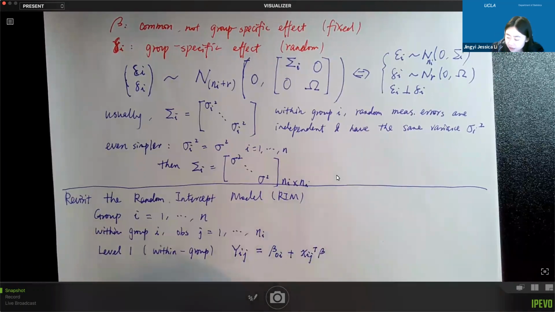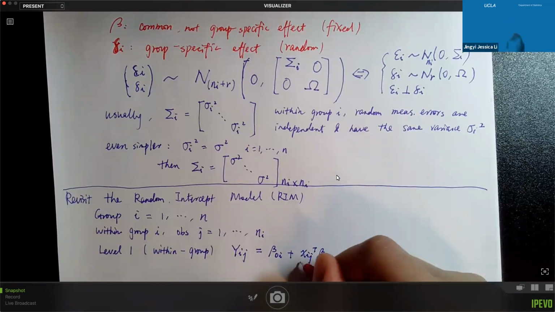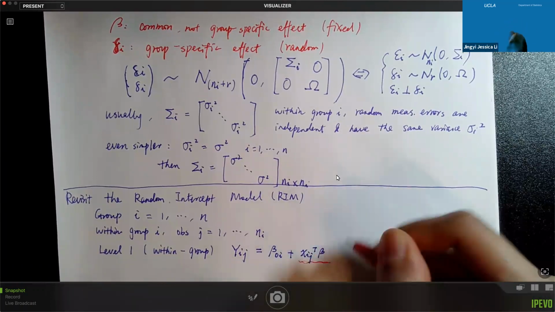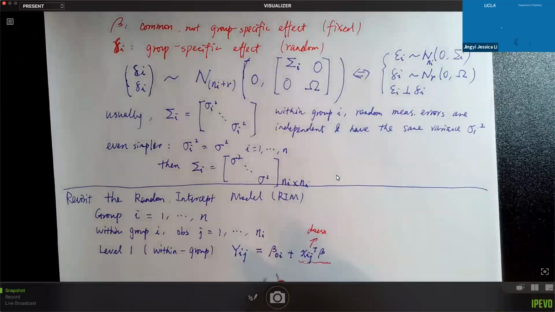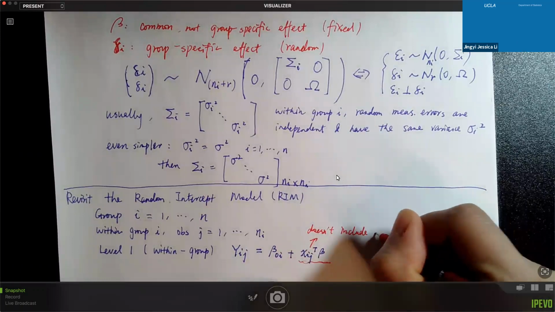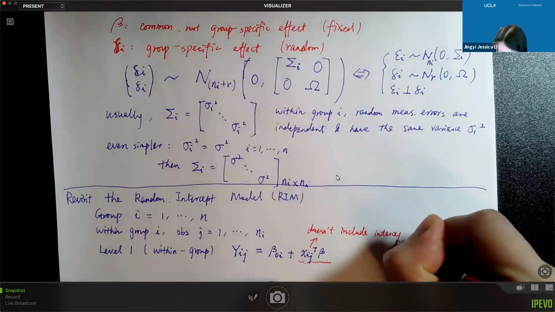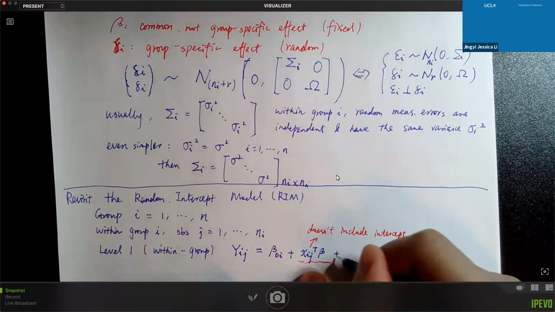Please note that here, the way I wrote it, this term, unlike our regular way of writing this, doesn't include an intercept because I already put the intercept out. So we need to be very clear when we write a linear model about where the intercept is. Okay, and then plus epsilon ij.